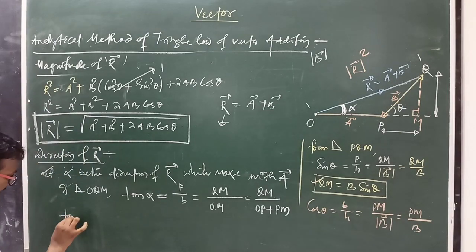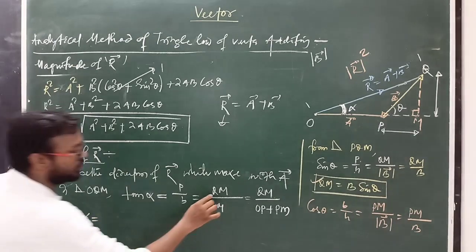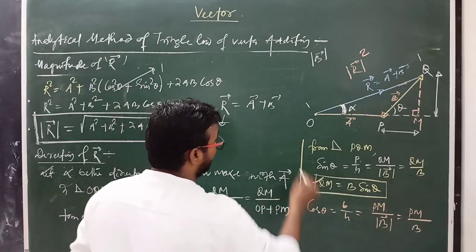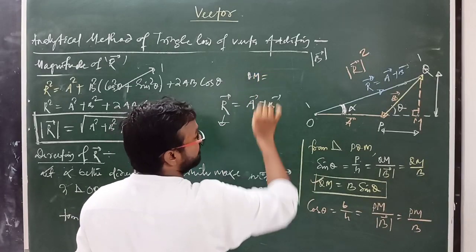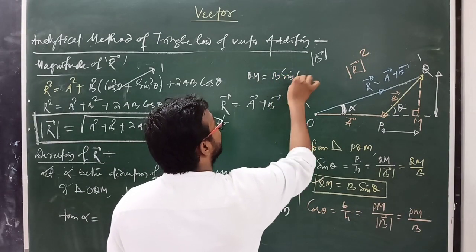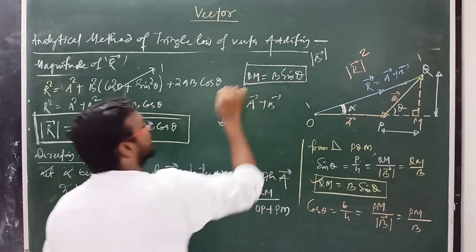So we can write tan alpha equals QM, and because we already derived the relation, QM equals B sin theta. Clear?